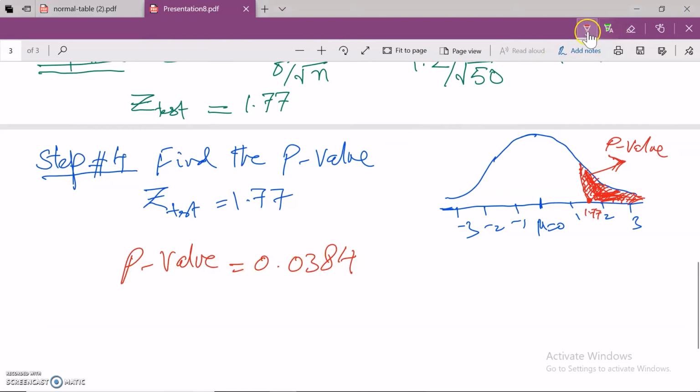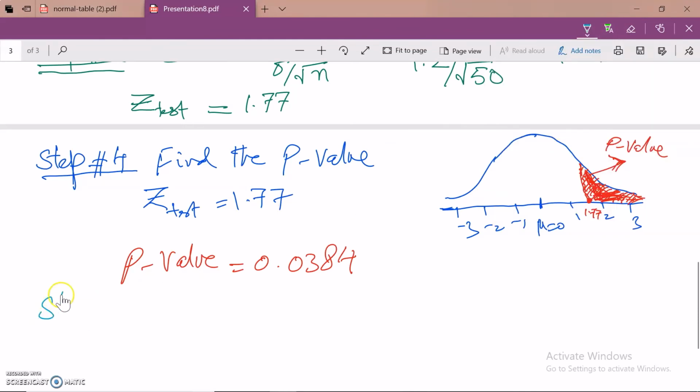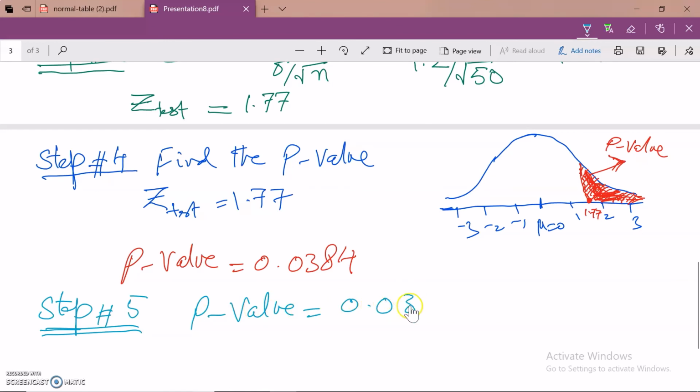Now we do our last step, step number 5. In step number 5, we decide our test. We have a p-value, which is 0.0384, and we compare this value with alpha, which is 0.05.